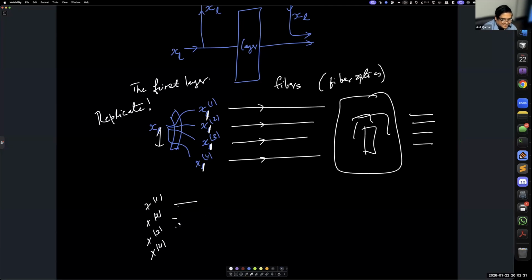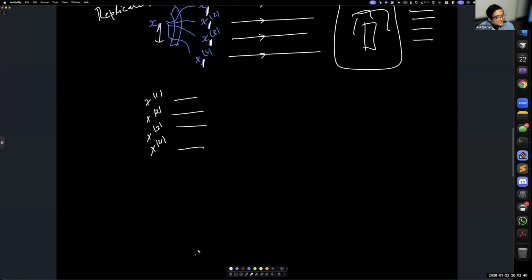Now you say, well, what will I do with 4 signals? These 4 signals are your input to a layer. Are we together?